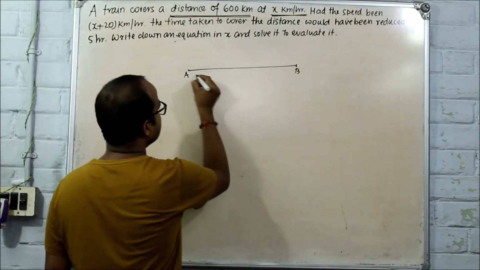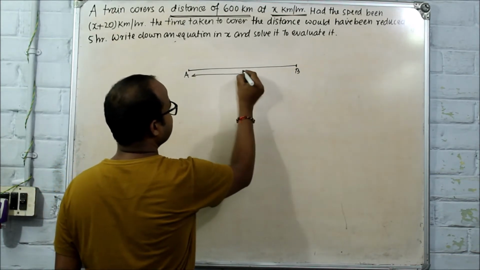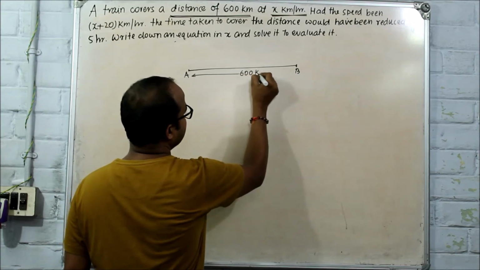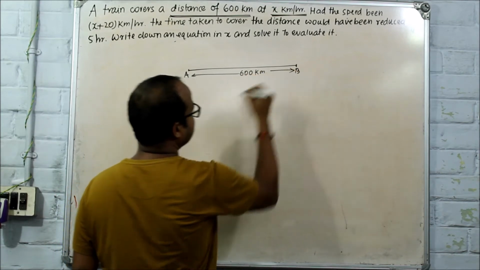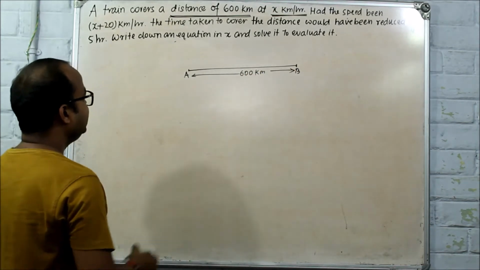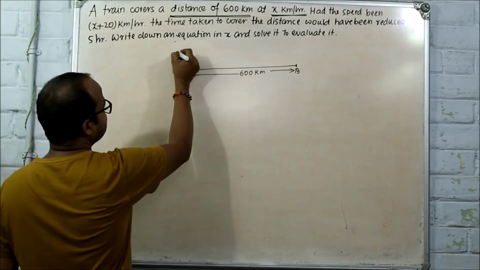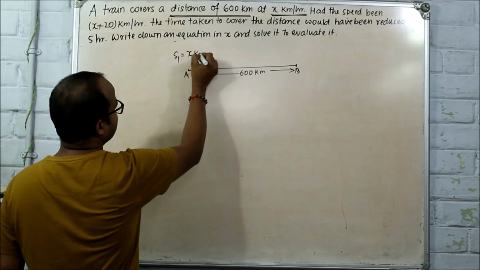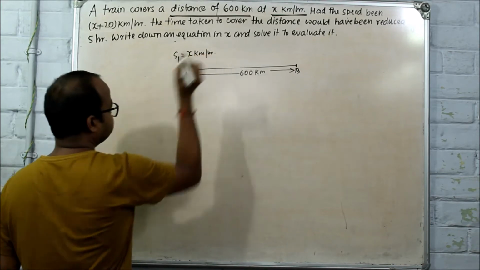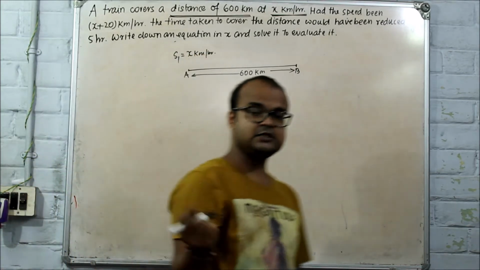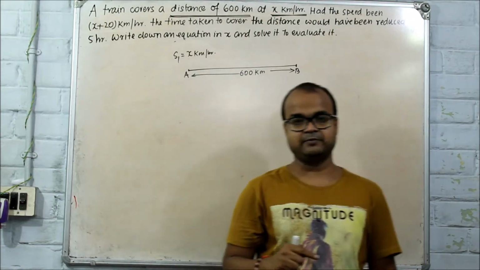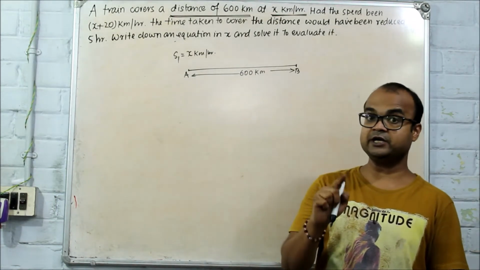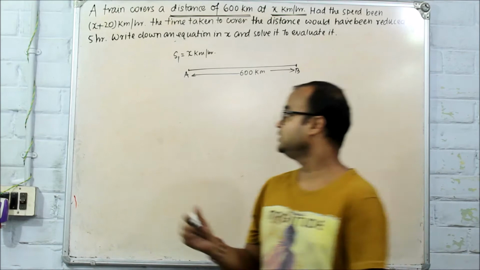Suppose AB is two points whose distance is given as 600 km, and the speed is S1 equal to x km per hour. Now, since distance and speed are given, first we calculate the time.